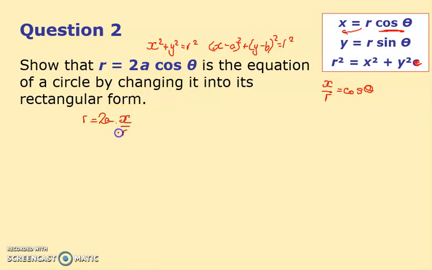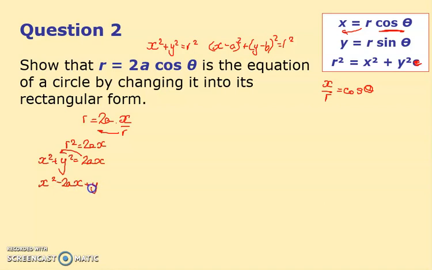And straight away you think, hang on a bit, whack the r over there. That gives me r squared equals 2ax. Now of course r squared is x squared plus y squared equals 2ax. And if I move them over to there, I reckon this is a question of completing the square.